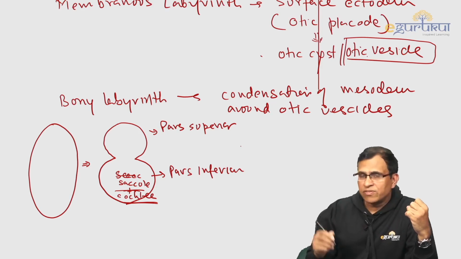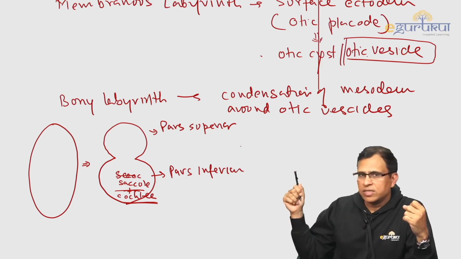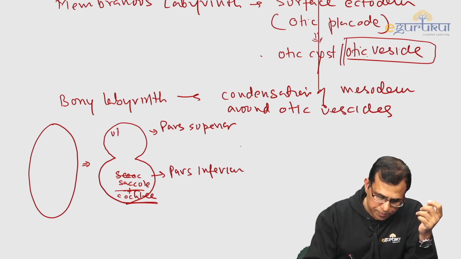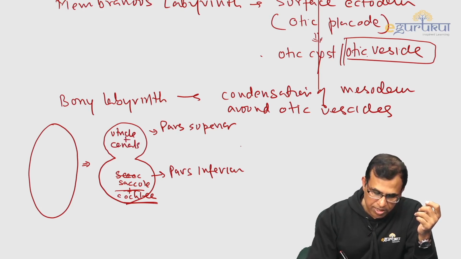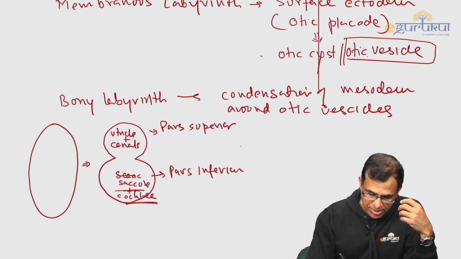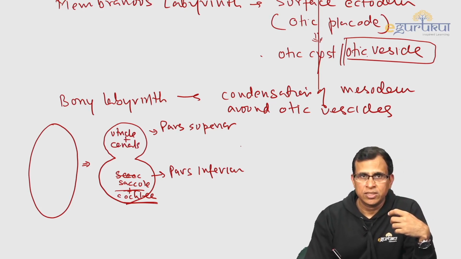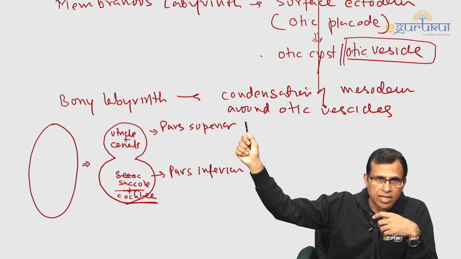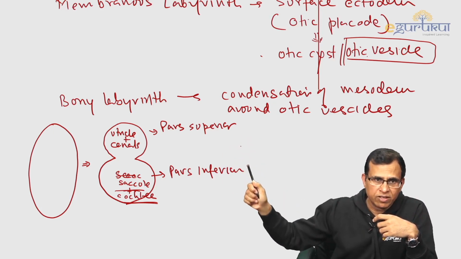The function of the cochlea is hearing, but the function of the saccule is balancing. Utricle and semicircular canals develop from the superior part and they are responsible for balancing, and saccule is also for balancing. So, saccule takes up the function of the canals and the utricle, whereas developmentally saccule comes from the cochlea.